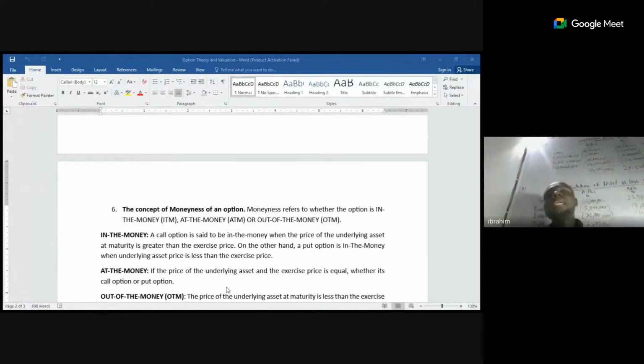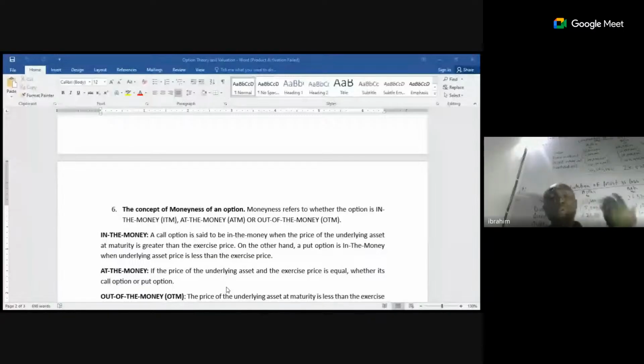is said to be in the money when the price of the underlying asset at maturity is greater than the exercise price. You can say Mr. Peter is in the money when the underlying asset exceeds it.